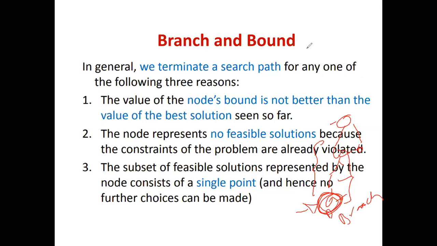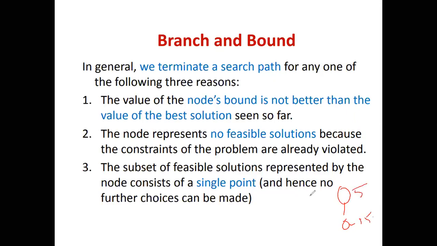Fine. So I was talking about the reasons when we can terminate a search path. The first reason is if the node's bound is not better than the best solution which has been seen so far. I already talked about this, right? If it is a minimization problem, and the value at this particular node is say 15, but the best solution seen so far is 5, then this is more compared to the previous one, which means it is not giving us a best solution.